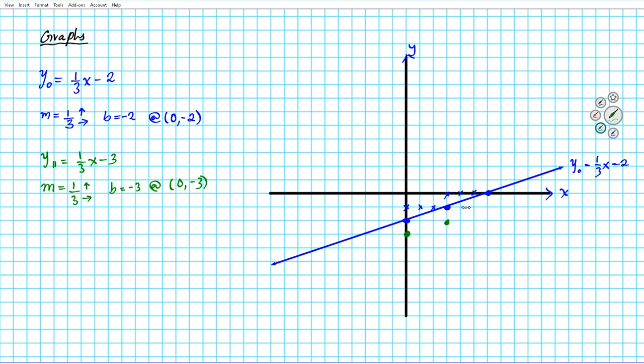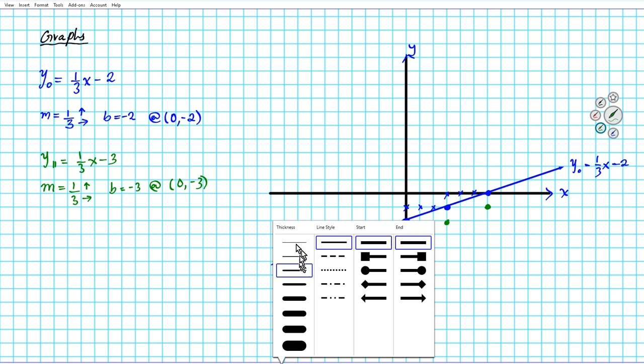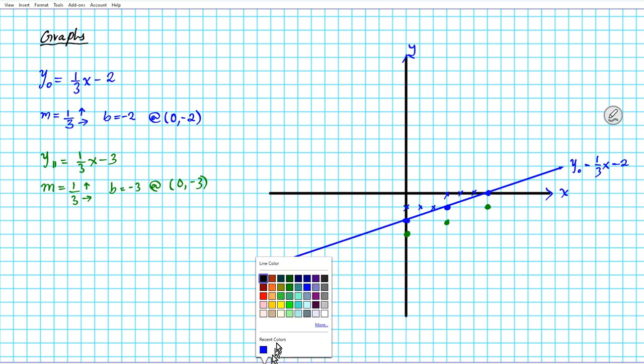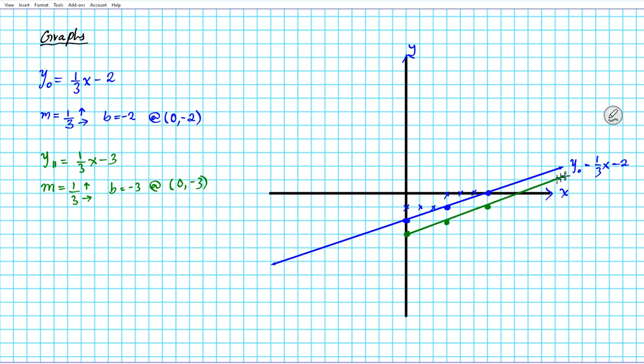Rise 1, run 3, 1, 2, 3. Right there, bam, bam. Let's go ahead and graph the line through the given points. So we're going to make it green. So there you have it right there.